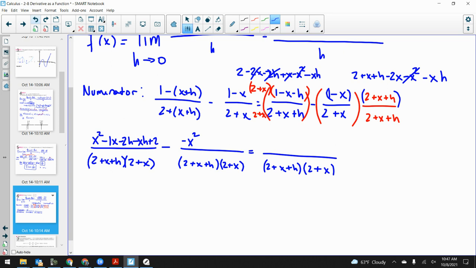So we got minus x squared. I've got a minus x with this. Minus xh plus h plus 2. This is nasty.